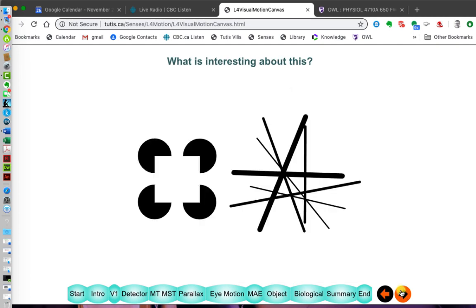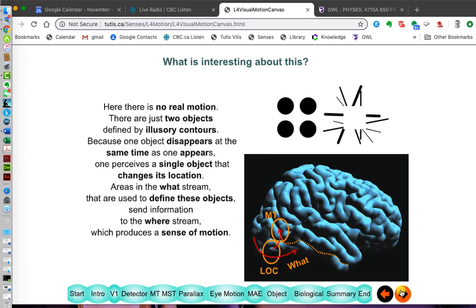What's interesting about this? Well, it would seem that there's a white square moving back and forth across the scene here. But in actual fact, there is no white square moving back and forth. There's only a square that appears in front of the circles, or a square that appears in front of the lines.